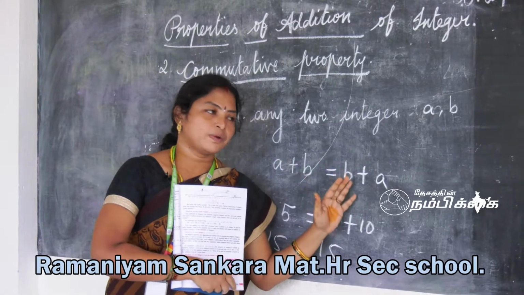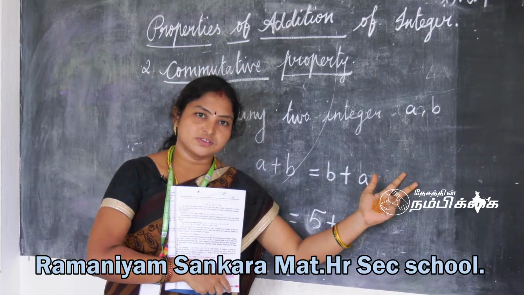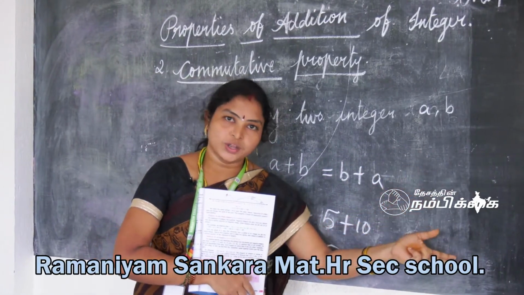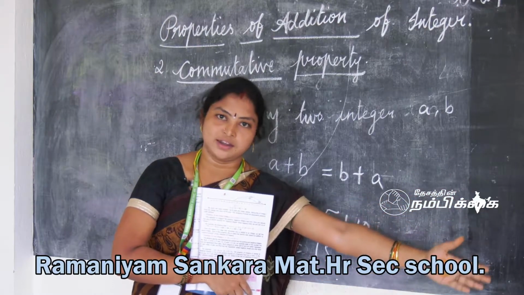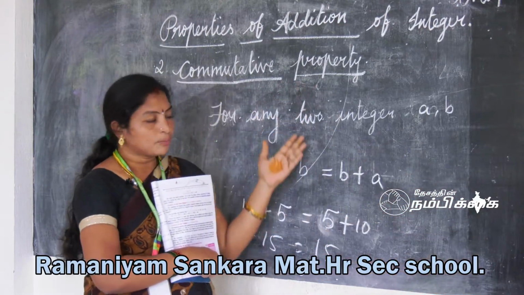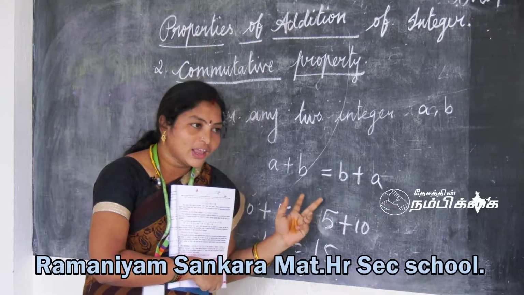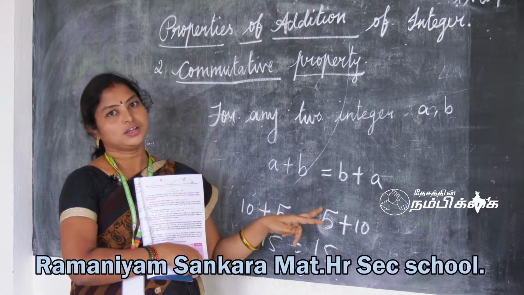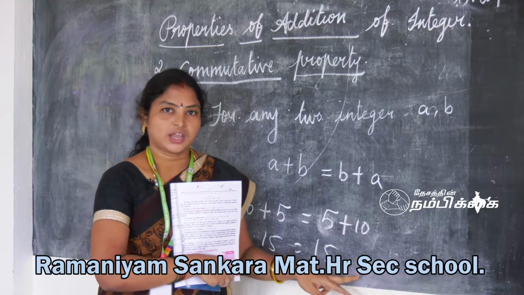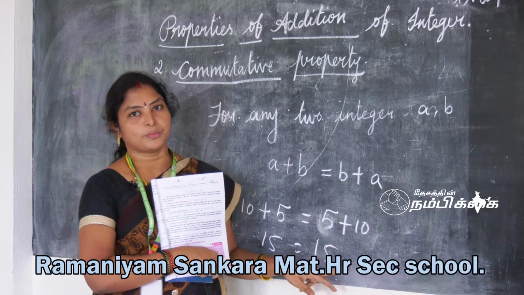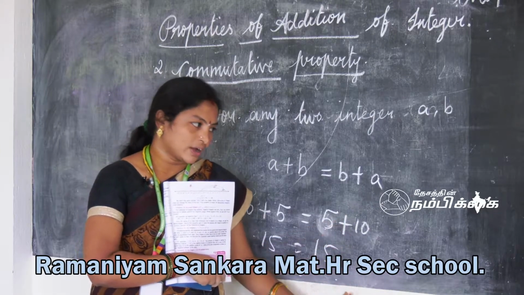In closure property, we add two integers, and the answer is also an integer. In commutative property, we add two integers, and if we change the order of the two integers, the value does not change. That is called commutative property. Please don't confuse it.